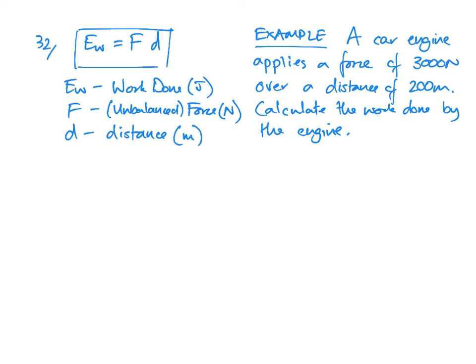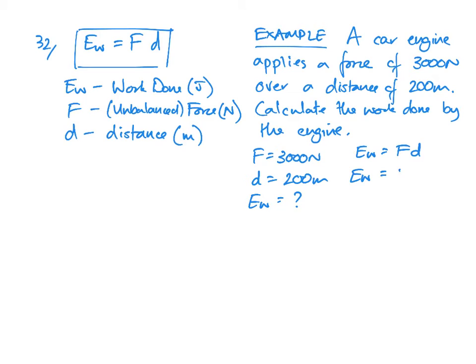The standard problem solving techniques, what do we know? We've got the force of 3,000 newtons. Got the distance, it's 200 meters, and we've been asked EW. EW is FD.